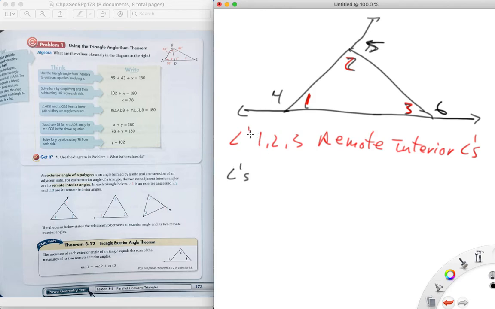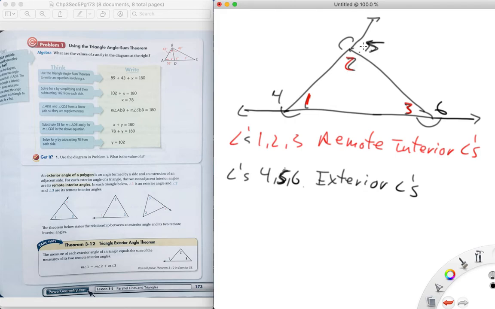Angles 4, 5, and 6 are called exterior angles. The interior angles are inside the polygon. The exterior angles, notice that they form a linear pair. Exterior angles are always going to be adjacent. They're going to share a common side, and they're always going to form a linear pair with that interior angle.